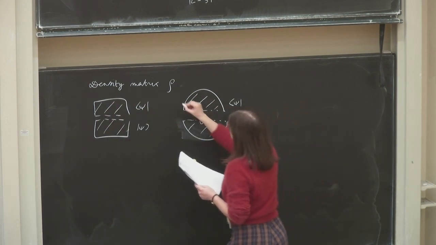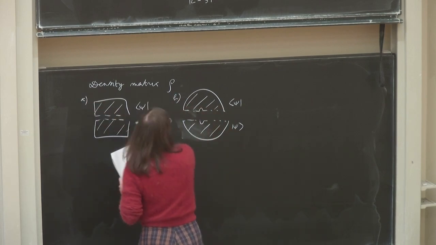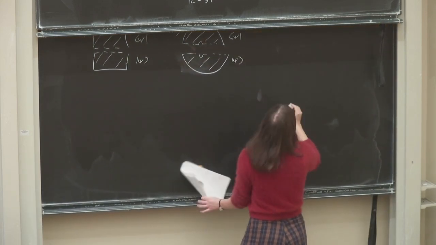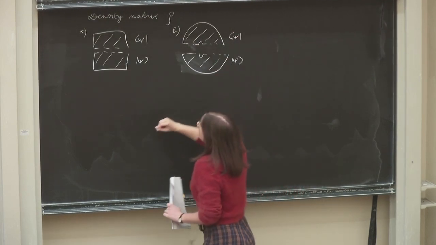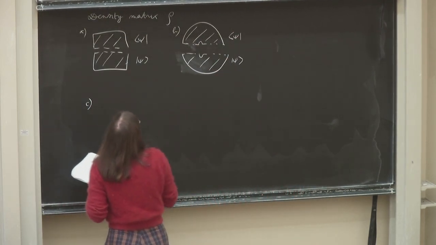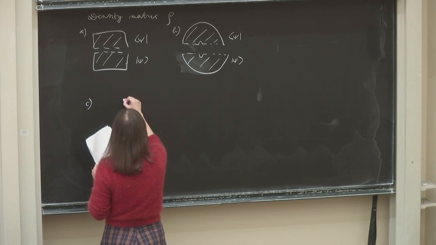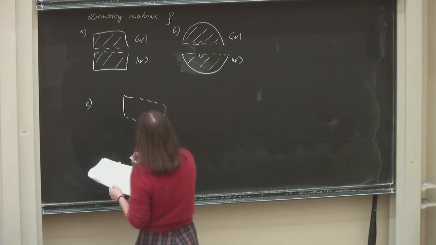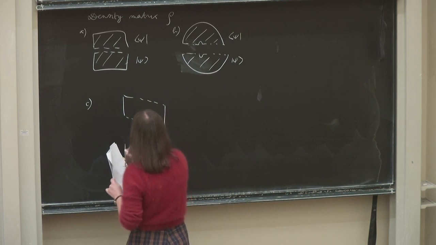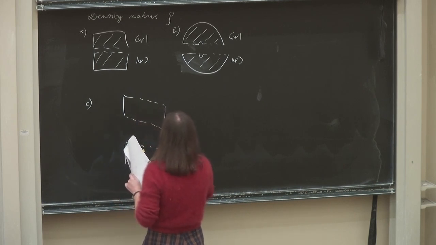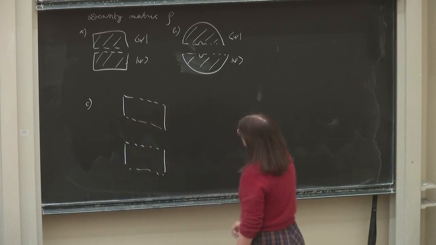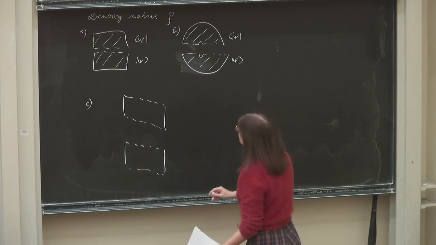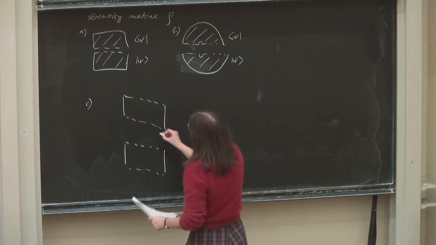So this is B, A. But then in the last picture, we have two strips. So I'll write the density matrix both as the strips or as the cylinder, okay? So using those two visualizations.